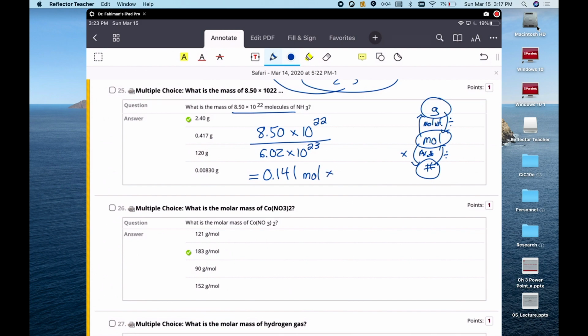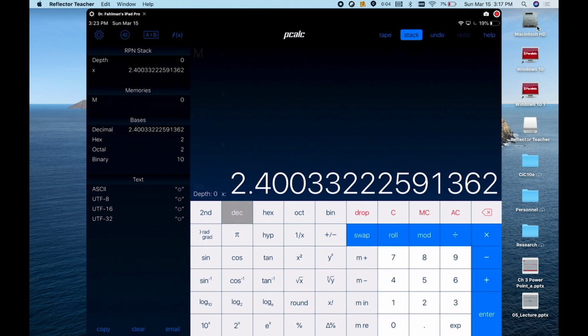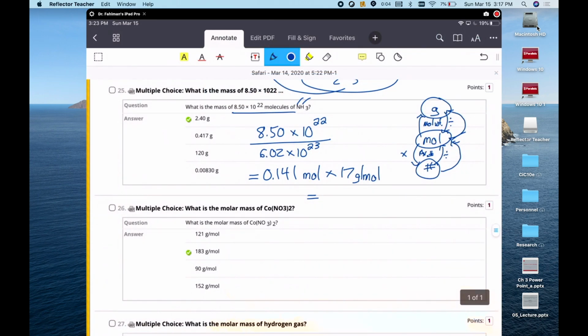Okay, and then we've gone from here to here, but we want to know grams, so we're going to have to multiply by the molar mass of ammonia. So that's 14 for nitrogen and another 3, so that's 17 grams per mole. So that's 2.4 grams.